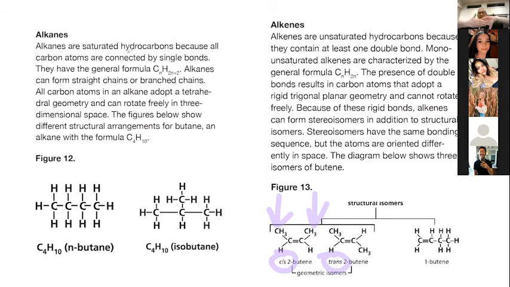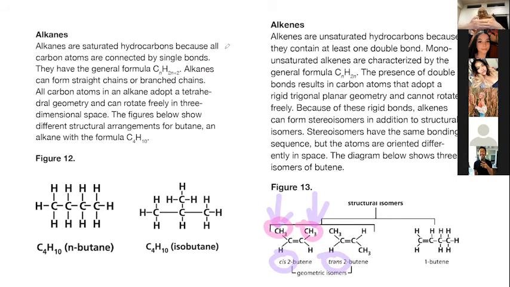They can't rotate. So if anything else is attached to them, they stay in that place. So these two methyl groups here, this one and this one, are basically locked on the same side of that double bond. So they're going to be next to each other. They're going to be on the same side.